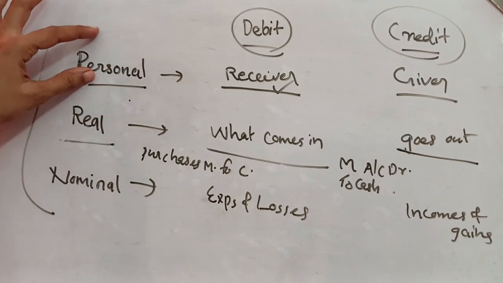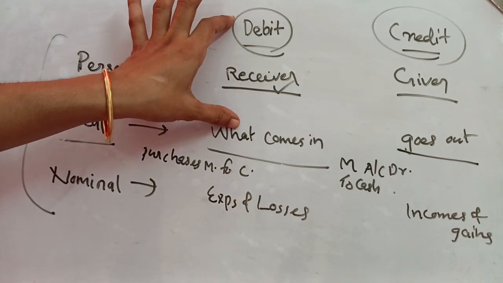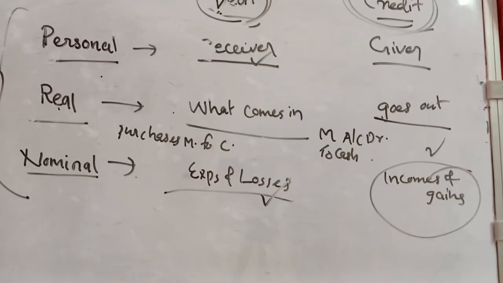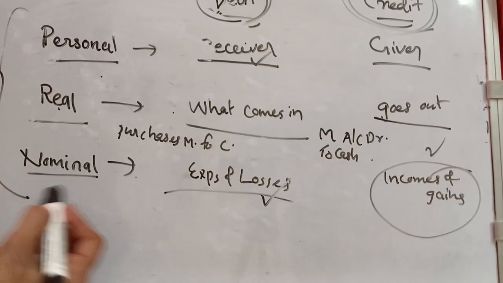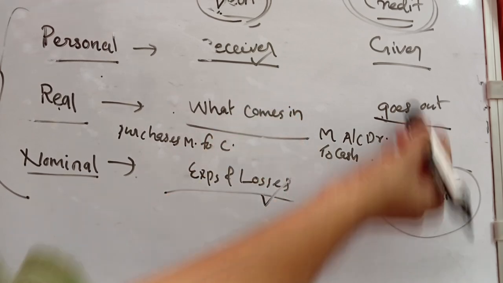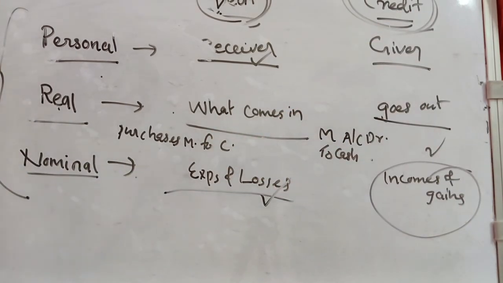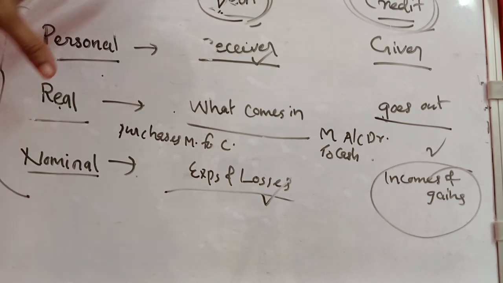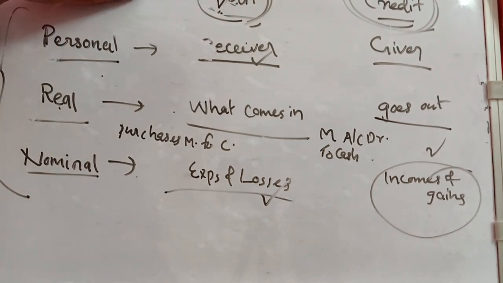In case of personal accounts, we debit the receiver and credit the giver. In case of nominal accounts, the rule is to debit all expenses and losses and credit all incomes and gains. Hope you got a clear idea of the traditional approach of recording the journal.